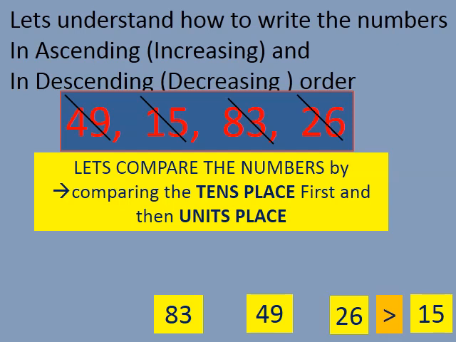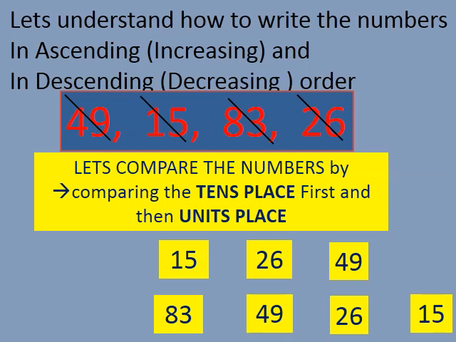That is, 83 is the biggest and 15 is the smallest number. Now let's write the other sequence. That is 15, 26, 49 and 83. Now here 15 is less than 26, 26 is less than 49 and 49 is less than 83.